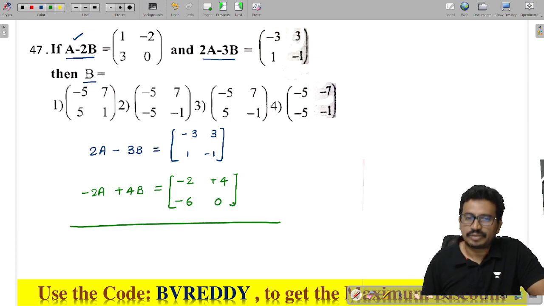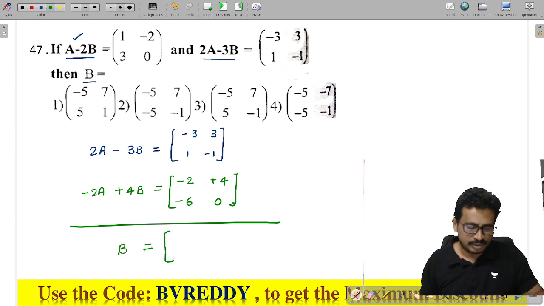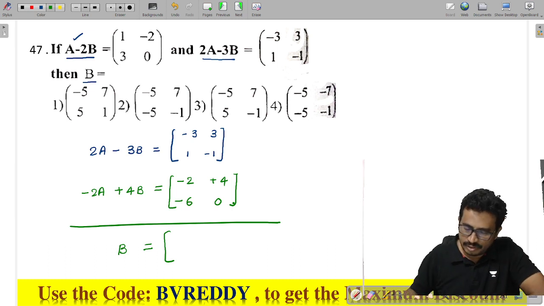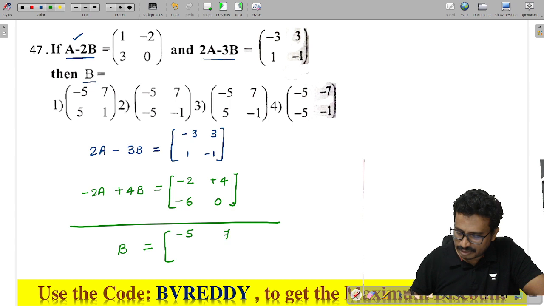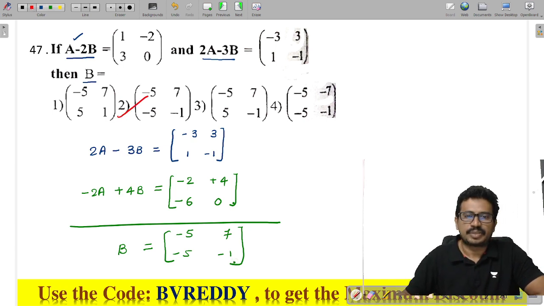Now if we add these two, we can directly get B. So that is minus 5, 7, minus 5, minus 1. So what's the option? Second option.